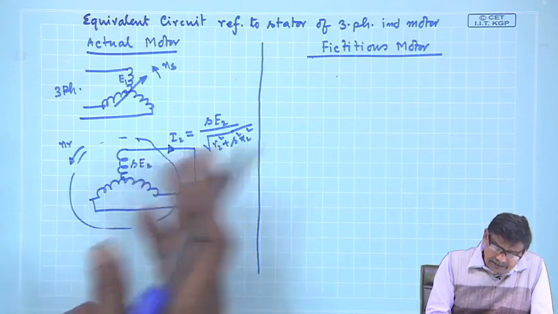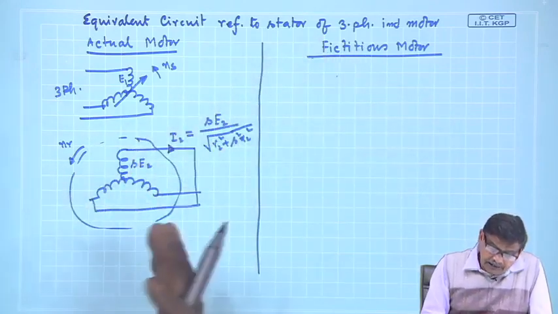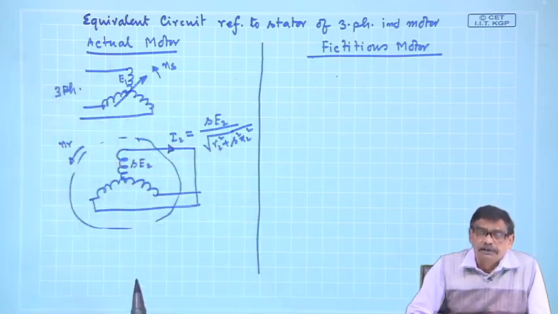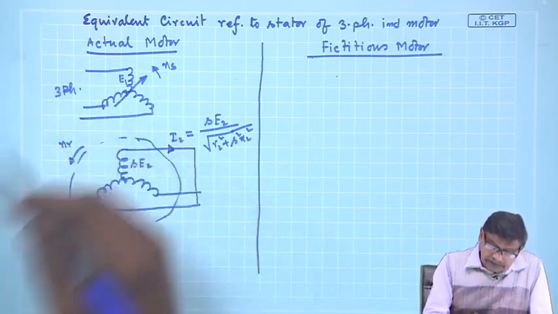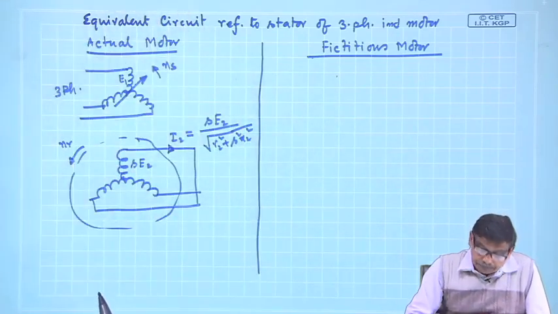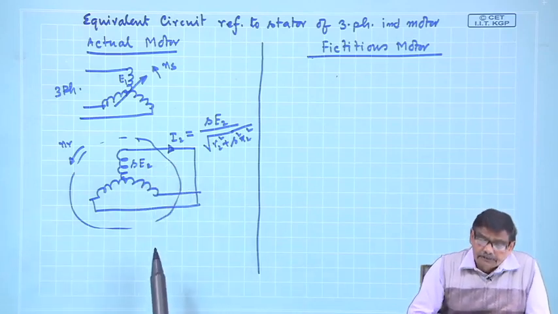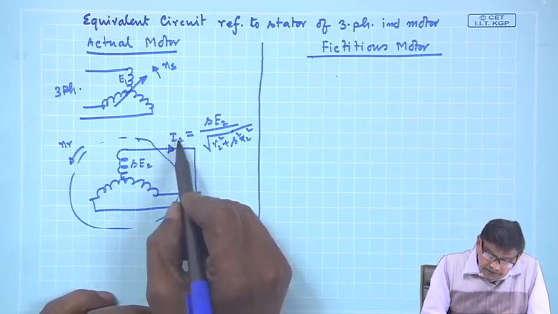Depending on that, the rotor produces a rotating field, and that will also be moving in the anti-clockwise direction. And what will be the strength of this field? The strength of this field will be this RMS current.